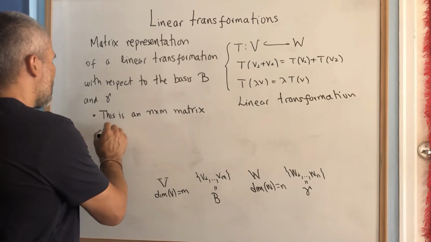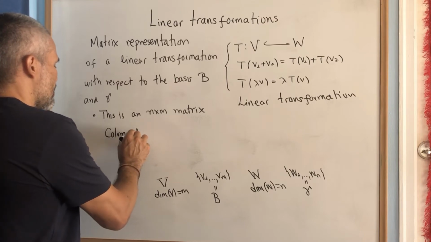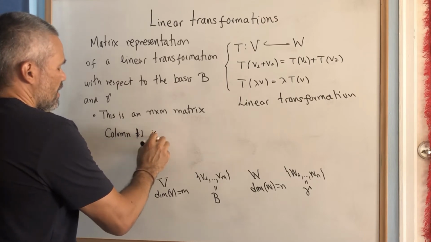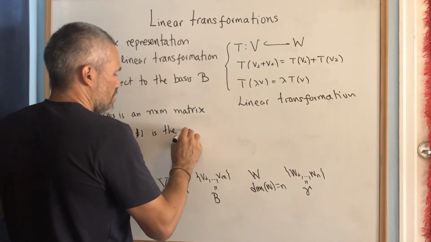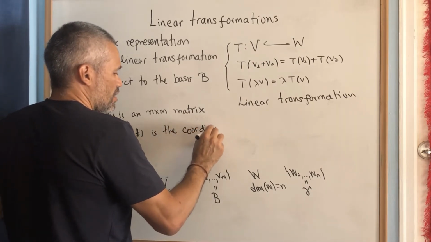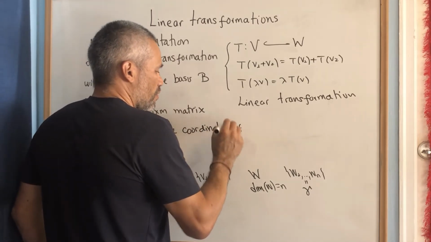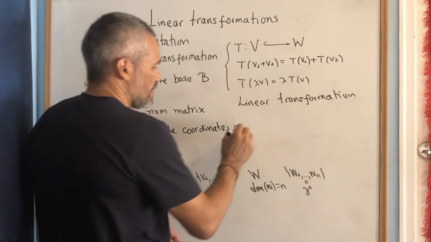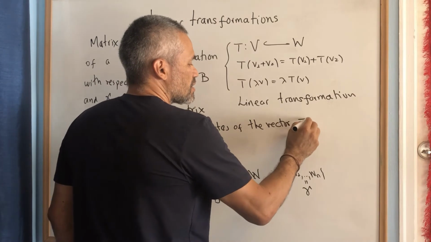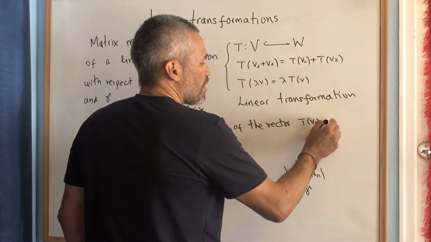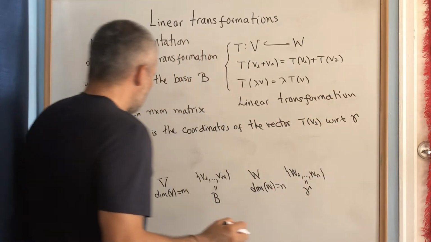Then column number 1, let me just write, column number 1 is the coordinates of the vector T of b1 with respect to the basis gamma.